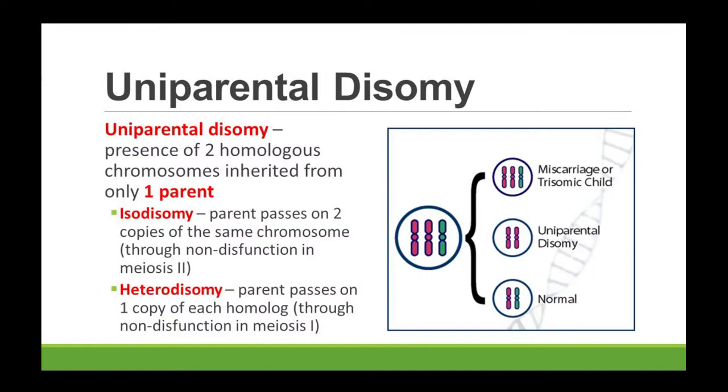Heterodisomy: the parent passes on one copy of each homologous chromosome through non-disjunction in meiosis I. This non-disjunction can cause trisomy, uniparental disomy, or a normal organism.